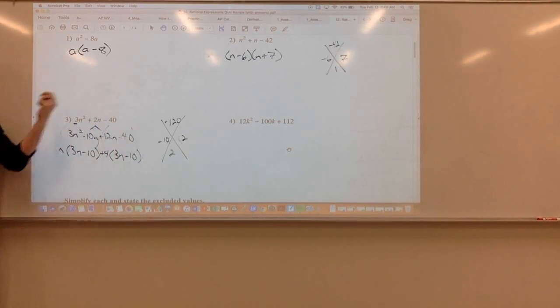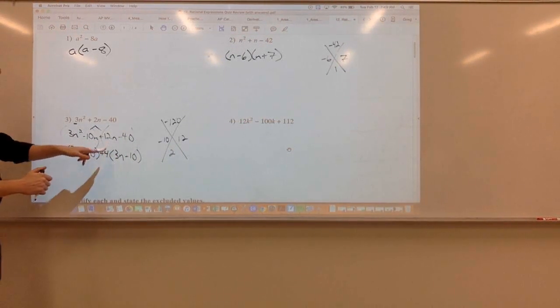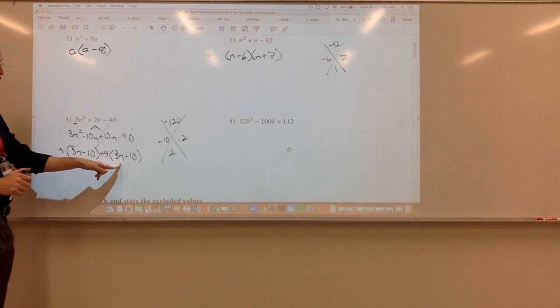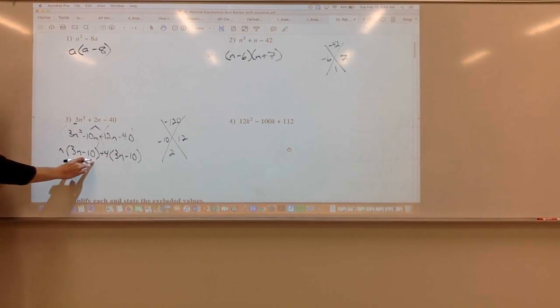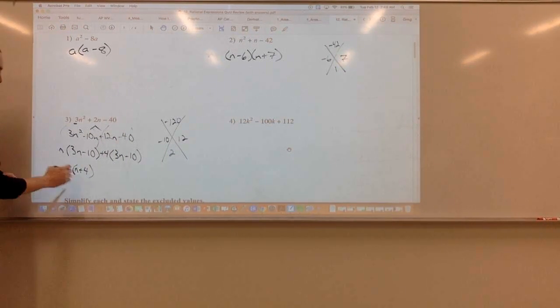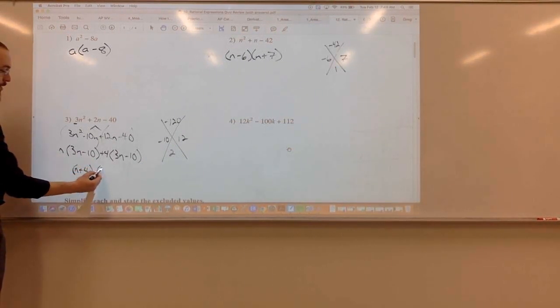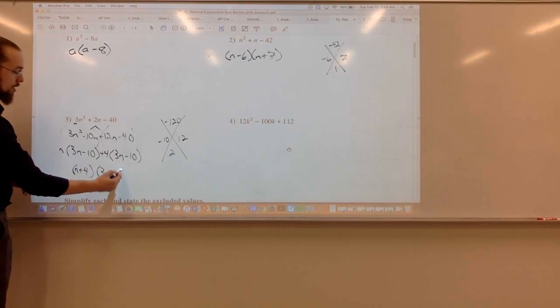All right, remember, taking something out means we're just dividing both terms by that. So 12n divided by 4 would be 3n. Negative 40 divided by 4 is negative 10. So now, at this stage, these two factors better be exactly the same. They are. So what's my final factorization here? n plus 4 and 3n minus 10.